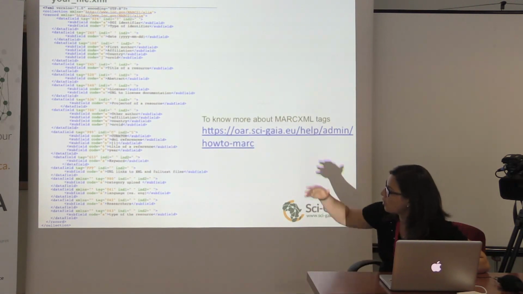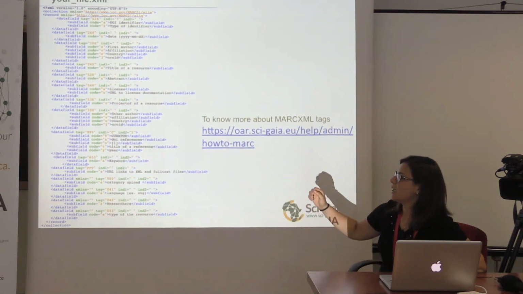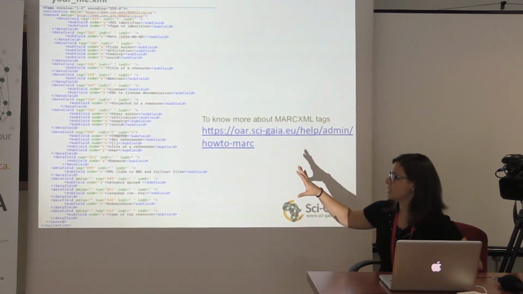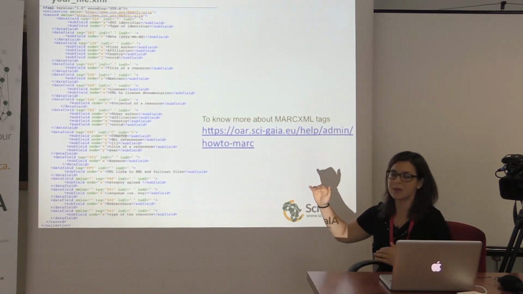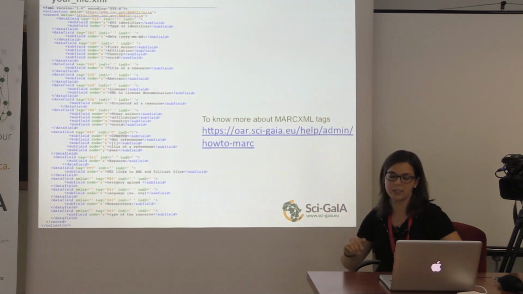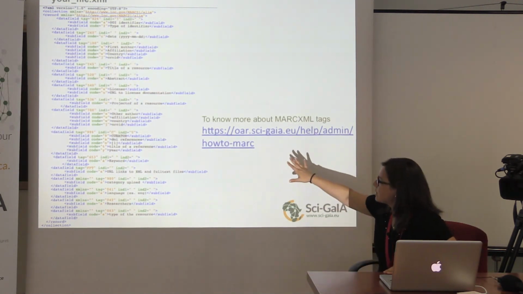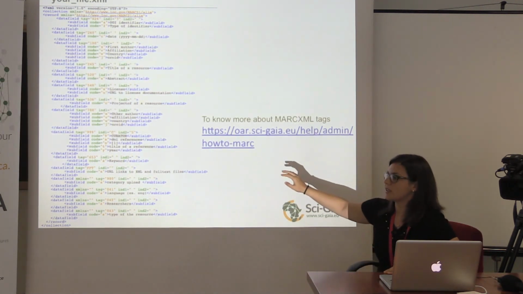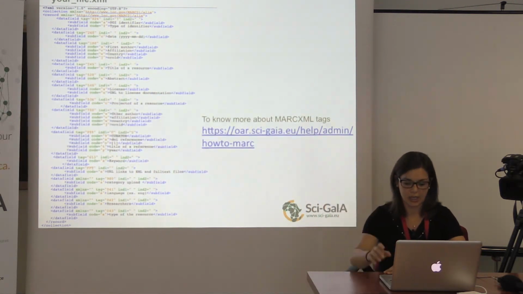You can use other tags, but this is a complete example to upload a new record inside the Sci-GaIA. You can visit this guide and read all the information about each tag.